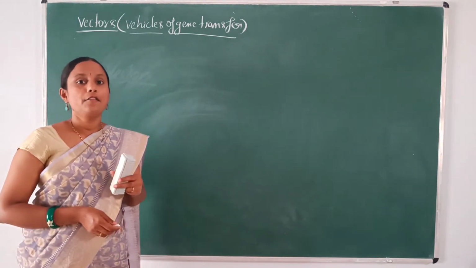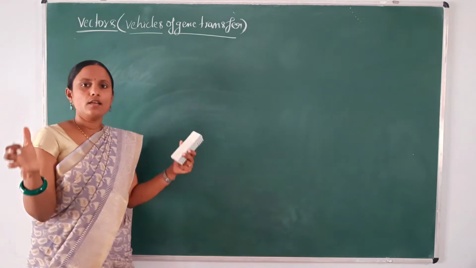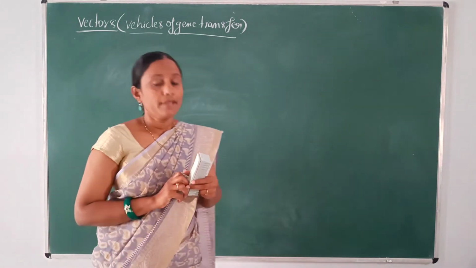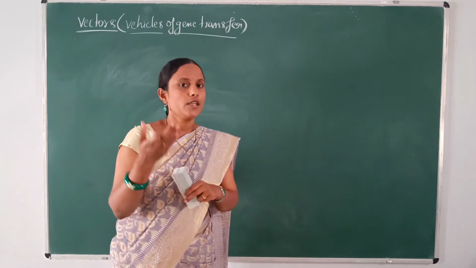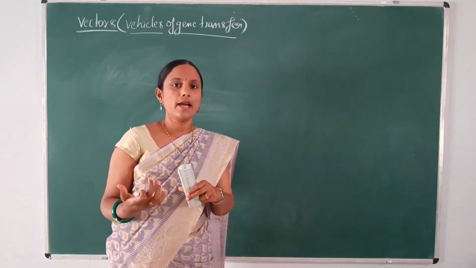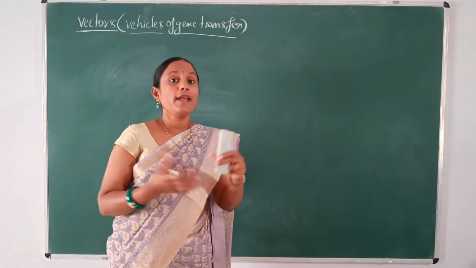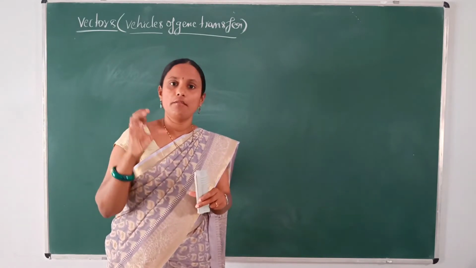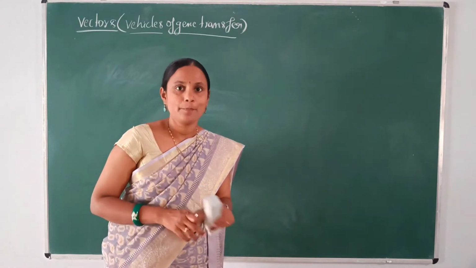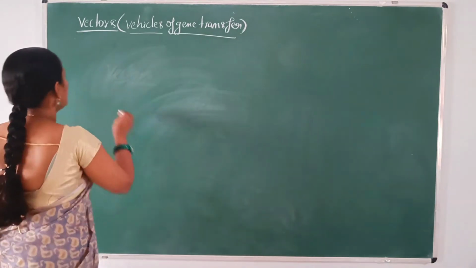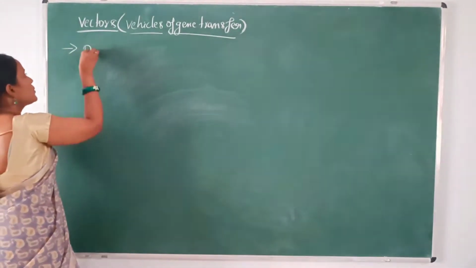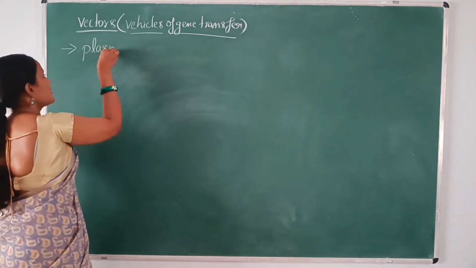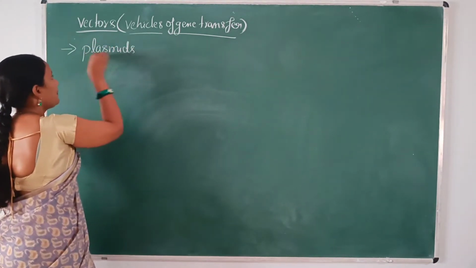So there are very broad vectors available nowadays, but we shall discuss the things like from where the concept of vectors have been started. Here, naturally, there are DNA molecules called plasmids in bacteria.